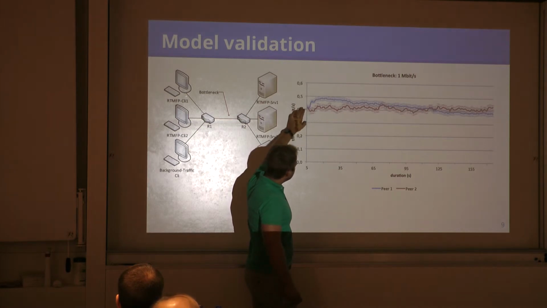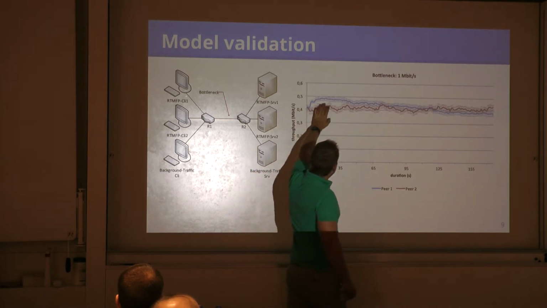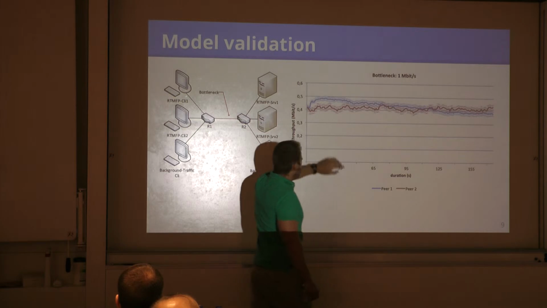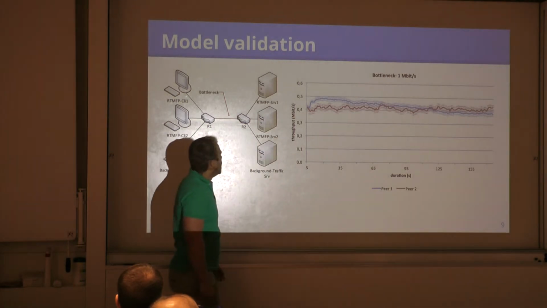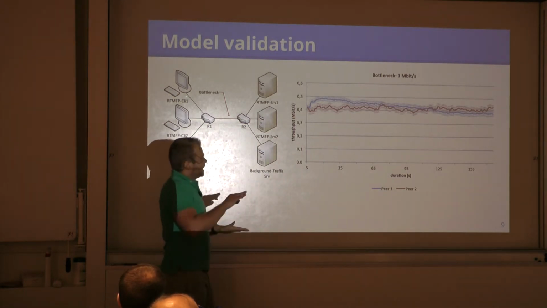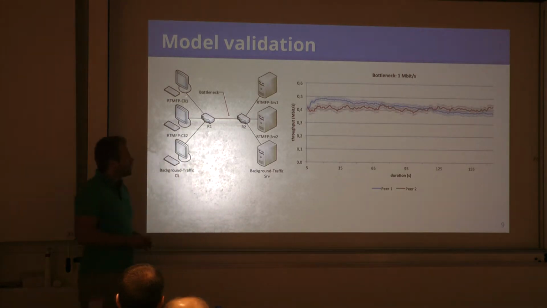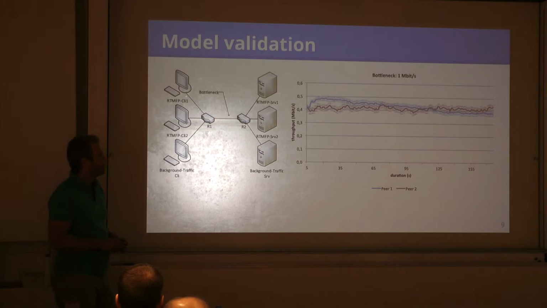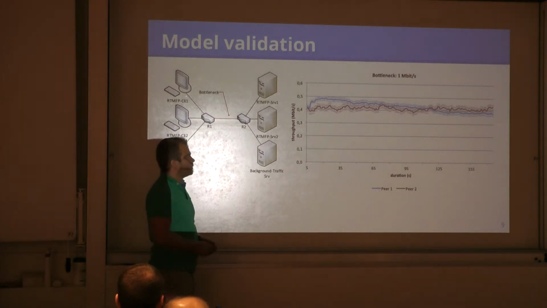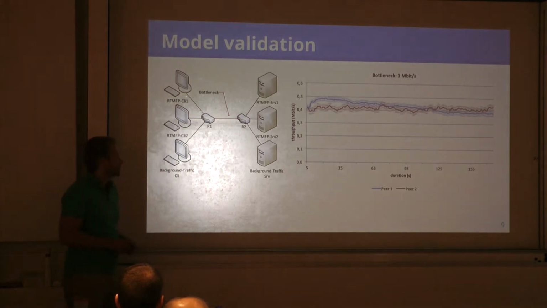Here we see the two competing RTMFP peers, red and blue, and you see they nearly share the bandwidth fairly. We have some effects that depend a bit on the parameters, the congestion control and the routers.